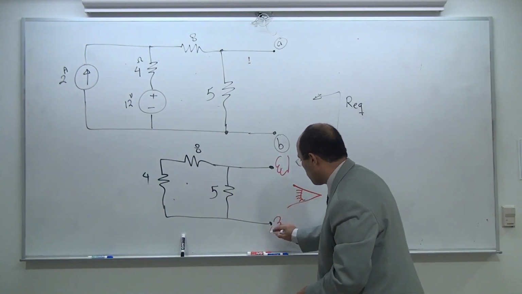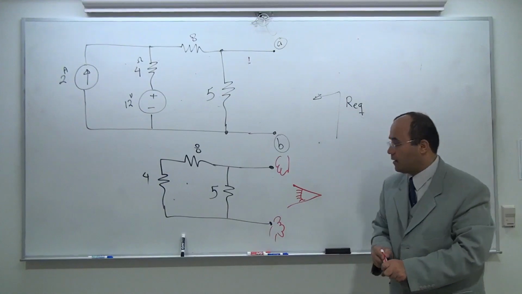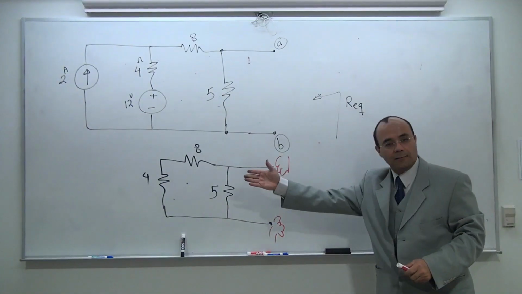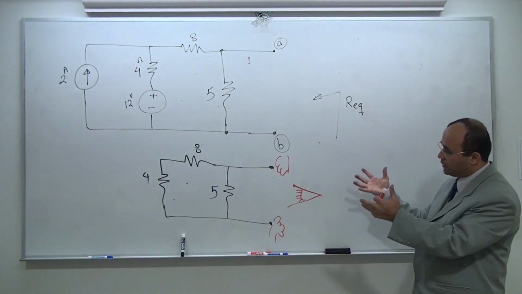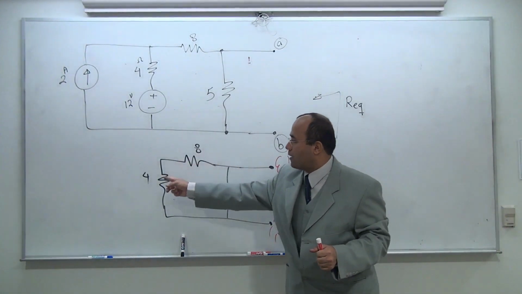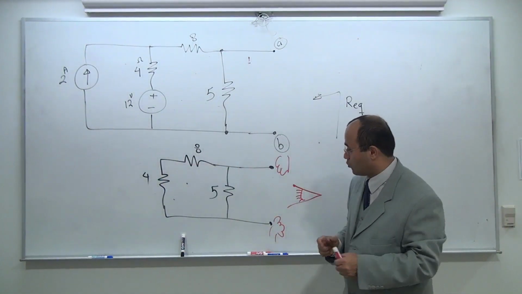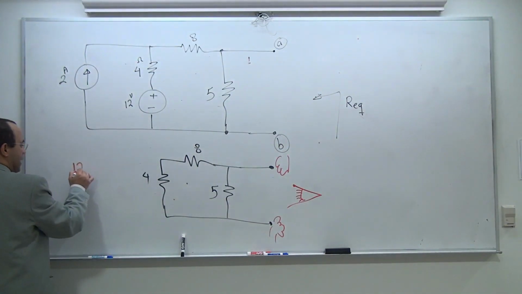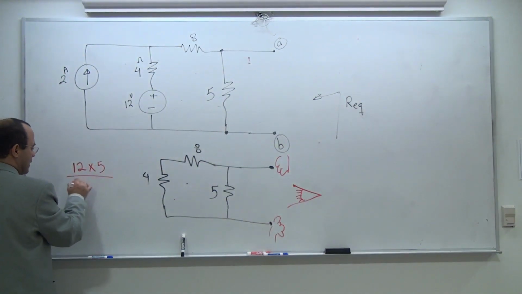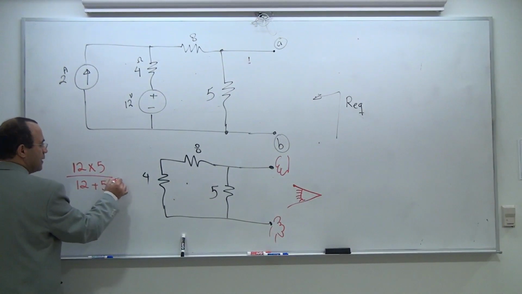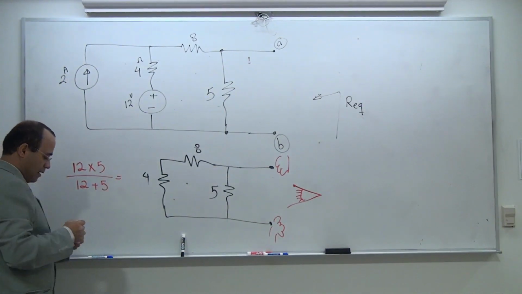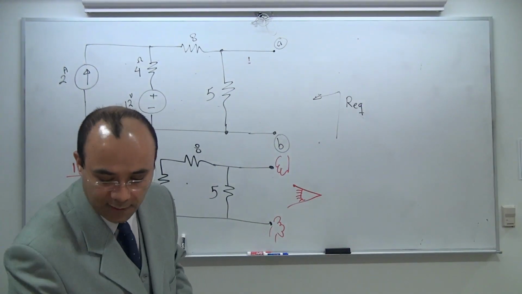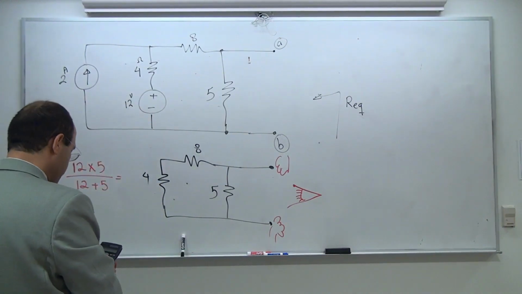So I need you to make sure that you know where your hands are, and then you look into the design. With this perspective in mind, you can see 8 and 4 to be in series. That's 12. And then you see 5 in parallel. The rule of thumb says, let's make it easy, 12 times 5, so it's going to be 60 divided by 17. Let's simplify.